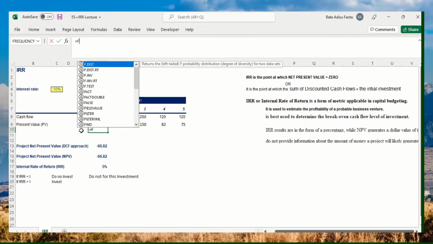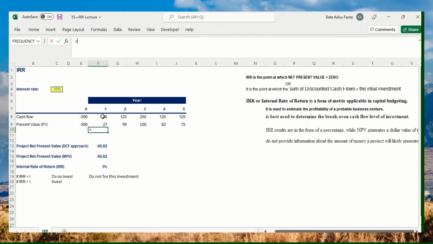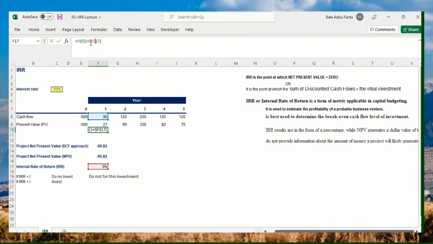So the future value here for the first year is over, in the bracket, 1 plus the interest rate, use this 5% and fix the cell reference, and then raise to the power of time, use this symbol, and then the time you have here, enter.